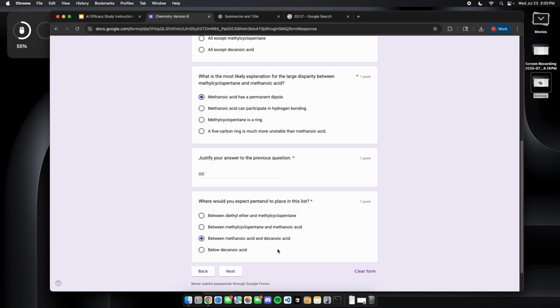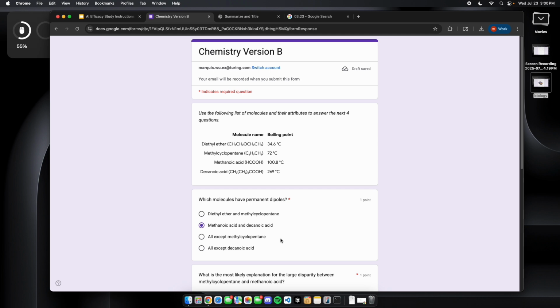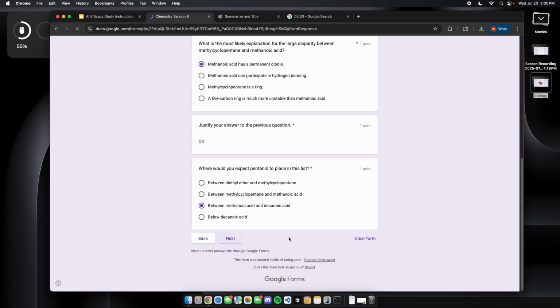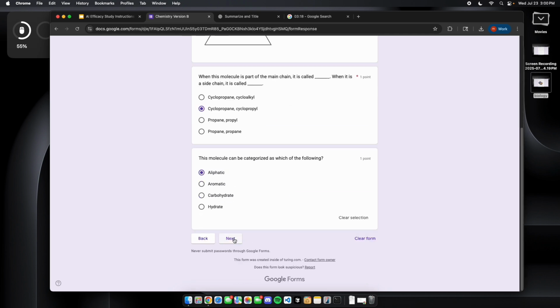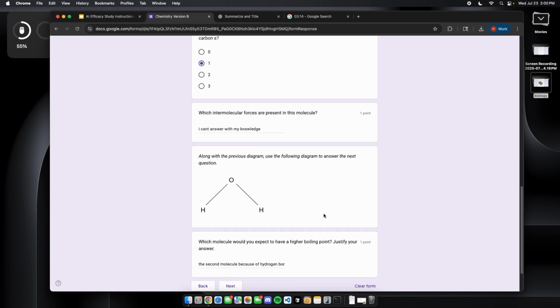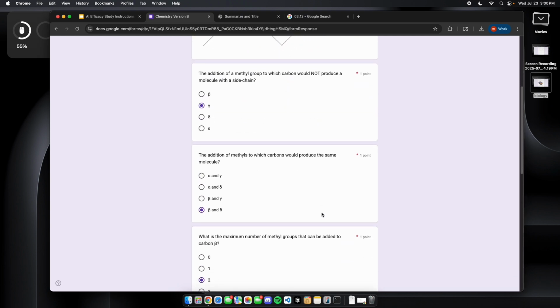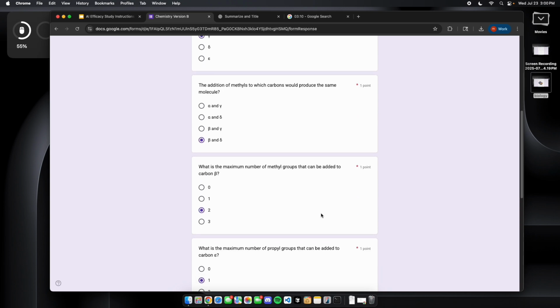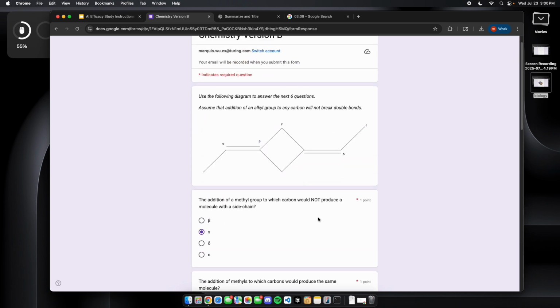And then deca is 10, so it should be between them. I still don't exactly know what's going on in this chart.